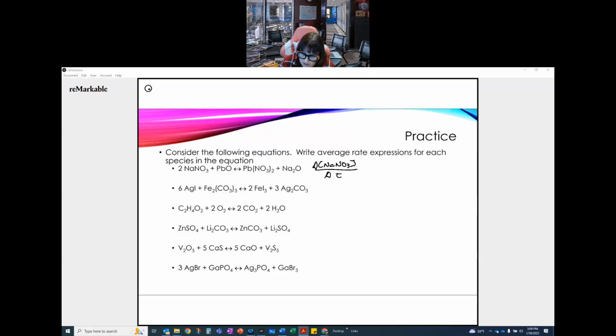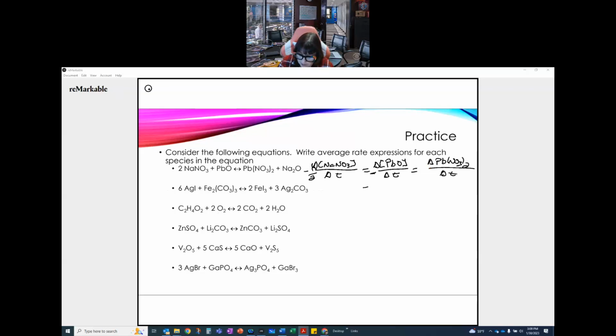But remember that this is a reactant, so it's going to be negative, and it's 1/2 because that's the stoichiometry I have there. That's equal to the change in concentration of PbO over the change in time. And that's equal to, and this one is negative as well, sorry, the change in concentration of the Pb(NO3)2 over delta T.